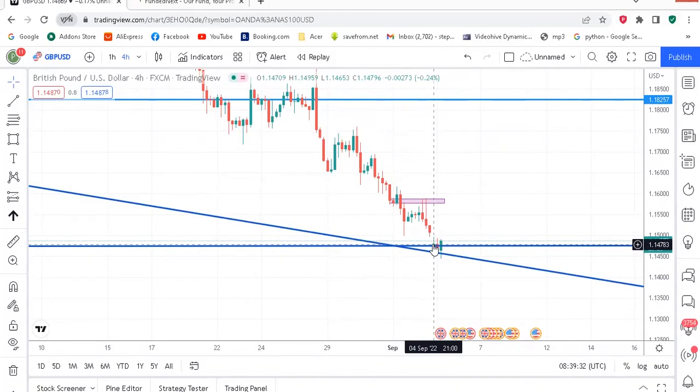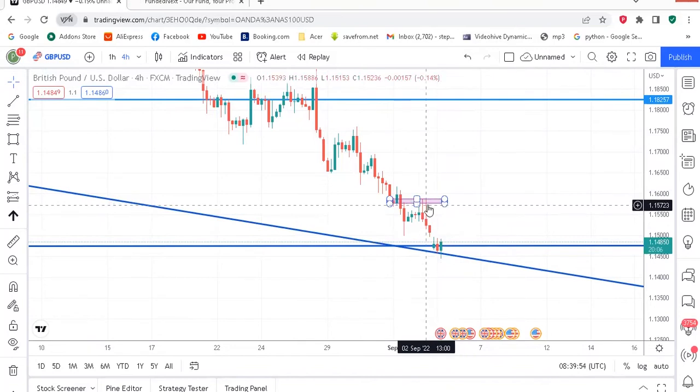We have this retested here, didn't break through, also came back here again. So here we're seeing a bit of a break to the upside, so already broke above the support. Previously we can say it was a bit of a resistance area because of these two lines kind of closed a bit below. So here we're seeing the first candle that breaks above here.